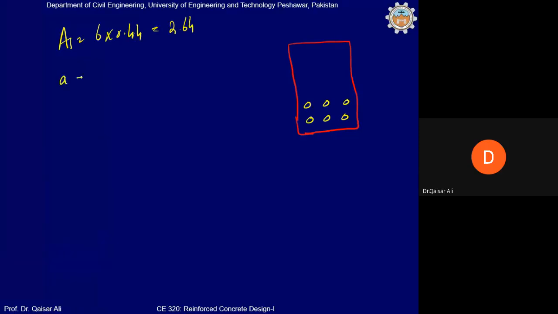And the depth of compression block based on this will be equal to As Fy divided by 0.85 FC prime B. So 2.64 multiplied by 60 divided by 0.85 multiplied by 3 multiplied by 12. Tell me the value. 5.17. 5.17.